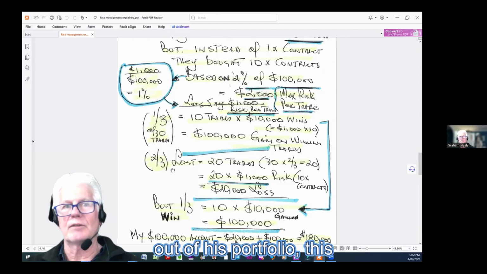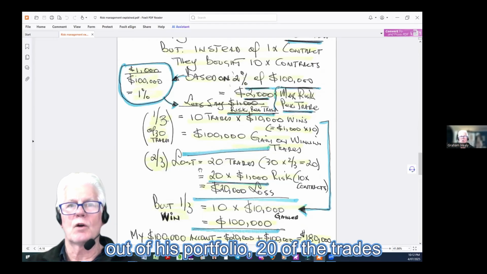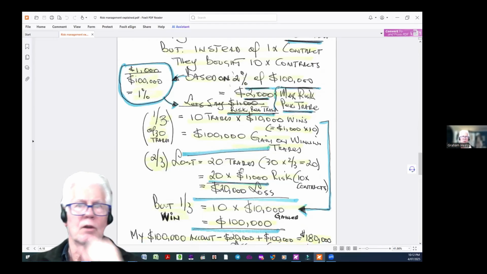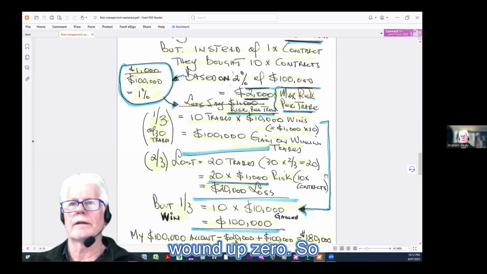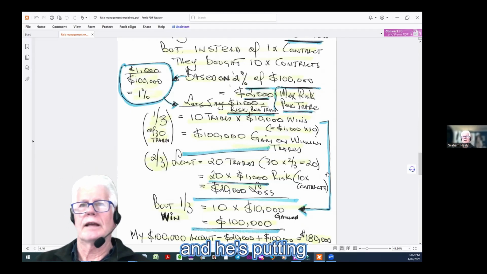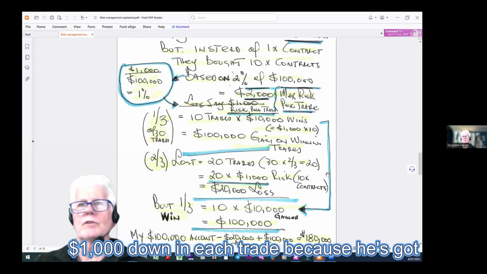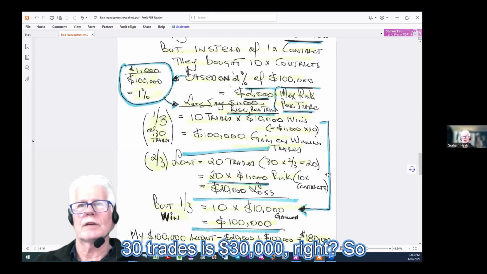So out of his portfolio, this is a $100,000 man. Out of his portfolio, 20 of the trades were basically lost. So 20 of the trades that he paid $1,000 for wound up zero. So if he's got 30 trades and he's putting $1,000 down in each trade because he's got a $100,000 float, so 30 trades is $30,000, right?